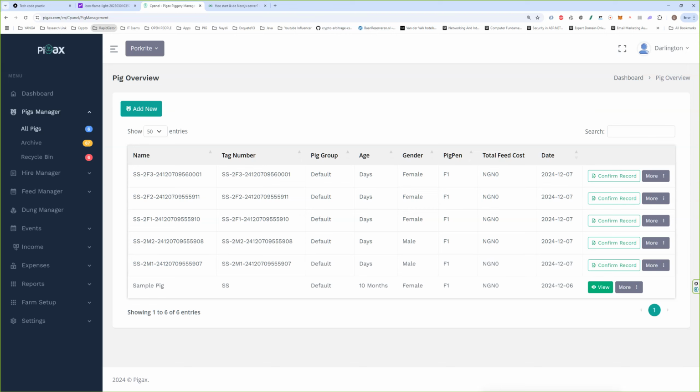So he inputted the liter number just like how Darlington inputted that liter number earlier on. That LL, right? But as we can see, we cannot see anything LL on the tag here. It does not reflect on the tag of any of the pigs. The farmer wants to have the liter number reflecting on each of these pigs' ID. Maybe that SS should become LL.